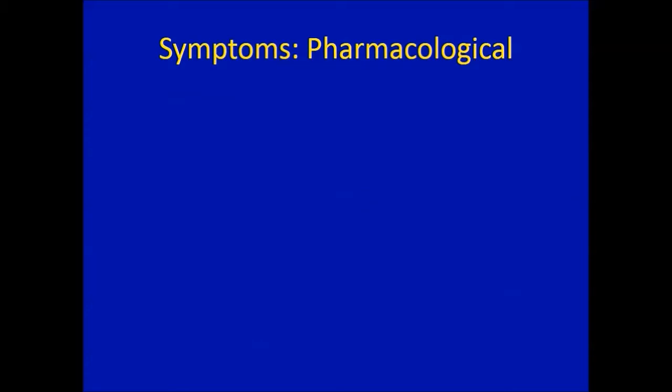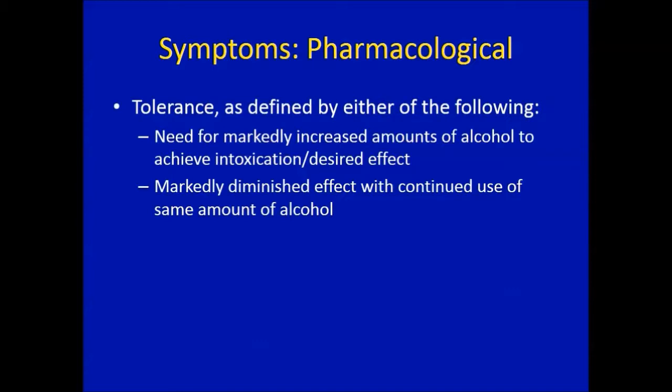So there are two different ways that a person can meet criteria for tolerance according to the DSM. So one is that the individual might need increased amounts of alcohol to achieve the same level of intoxication or to achieve their desired level of intoxication. So for example, an individual who is attempting to reach a kind of moderate state of intoxication.